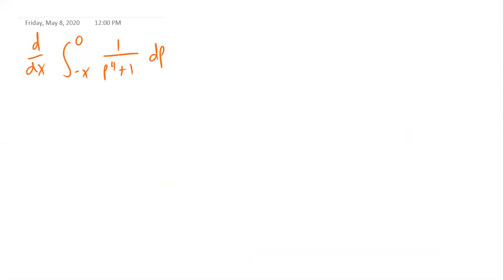So what we want to do here then is rewrite this in a way such that the x is on the top and the constant is on the bottom. So how do we do that? You have to remember this other property, that you can always change the order of integration, so the bounds here, you just have to add a negative in front.